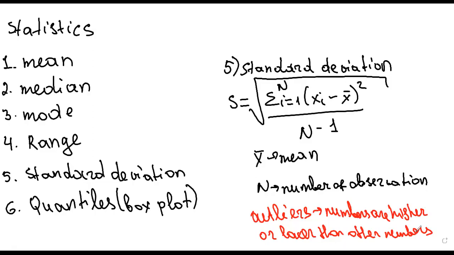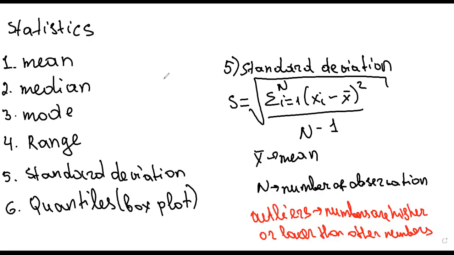And if we have more of these outliers, we have a higher standard deviation. It means that if numbers are more spread out, it has a higher standard deviation.